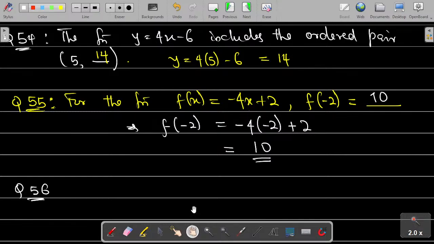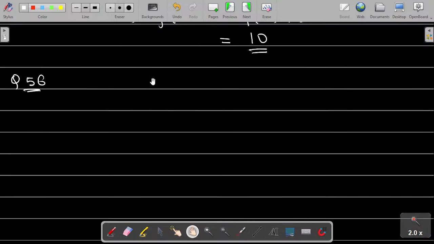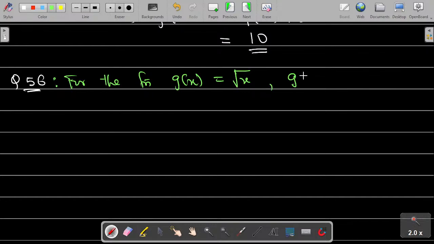That's exercise 56. And what's that going to be? So there we are told that for the function g of x is equal to the square root of x. So you're given a function g of x equal to the square root of x, and you're asked to get g of 9. All right? They said g of 9 will be equal to dash. Okay, the same thing I just did earlier.